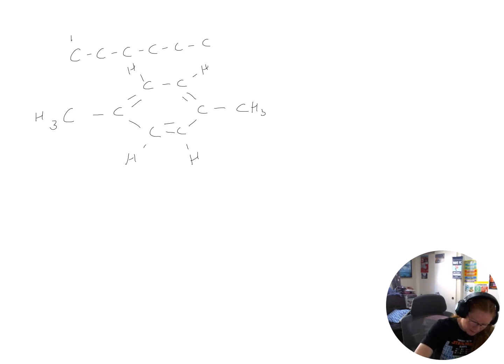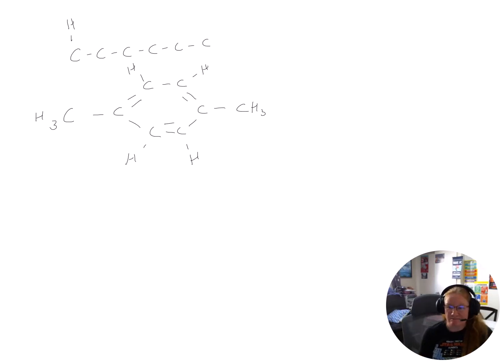Now xylene, we have this ring, and then we've got hydrogens. Again, the hexane will have all the hydrogens around it. I don't want to draw out all of those hydrogens all over again.